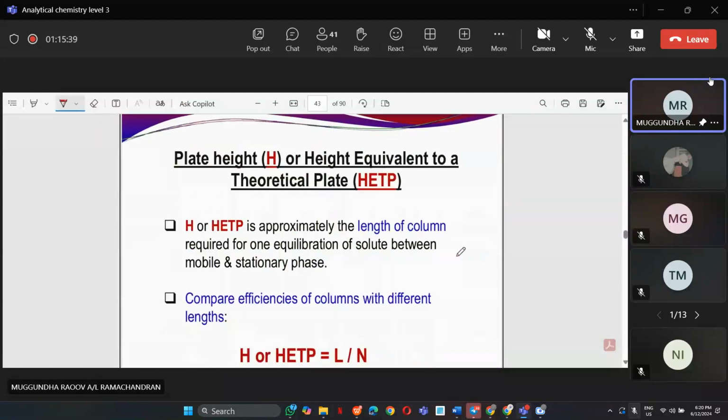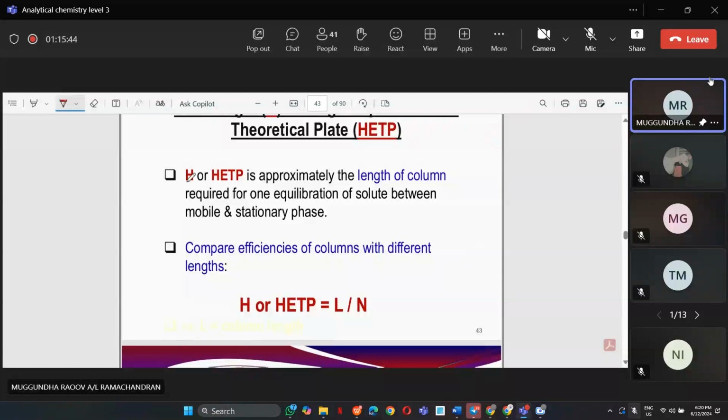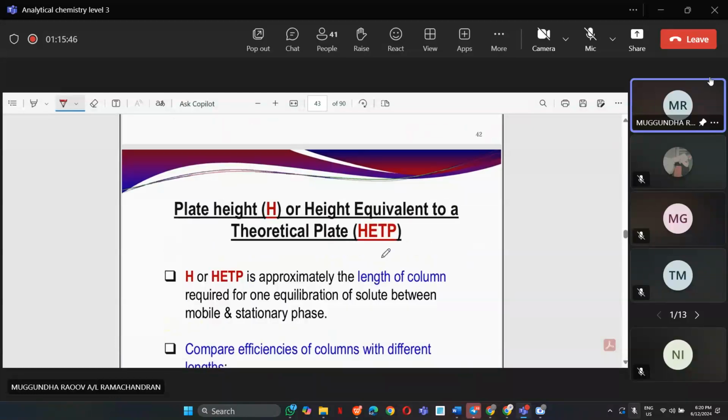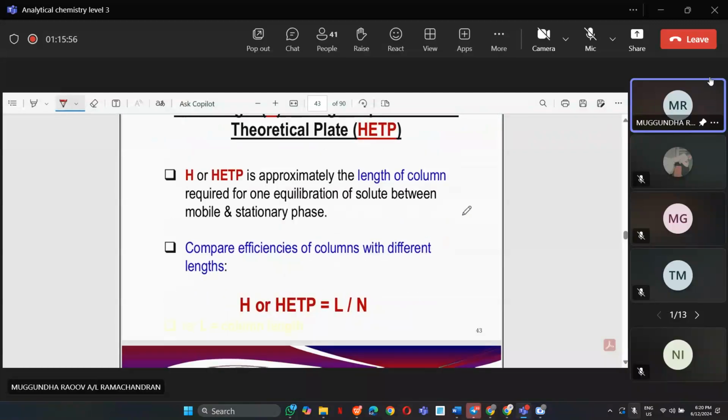So class, if we look at this formula, height equivalent to a theoretical plate, which is the plate height, HETP, is approximately the length of the column required for one equilibration of the solute between the mobile phase and the stationary phase.